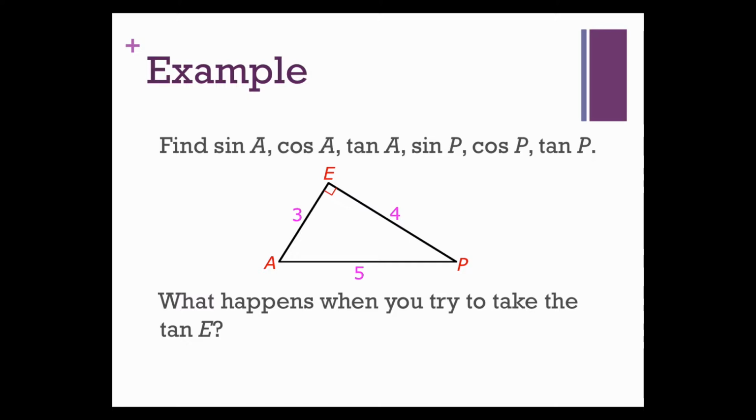So therefore, the stuff that we've talked about already in the previous slides, we can apply to this. So as I said, don't overcomplicate things. They're just ratios. So what, for instance, is the sine of angle A?